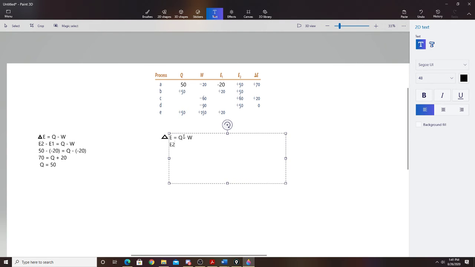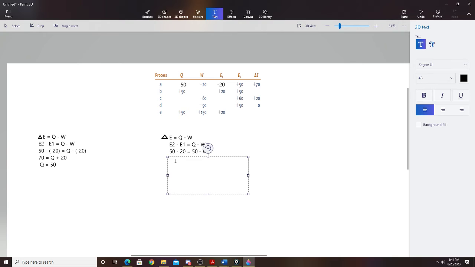Alright, so then E2 minus E1 equals Q minus W. And then we got, what did I say it was? It was 50 minus 20. And so, with that knowledge, we now know that we can make a new box, so I don't do that again.